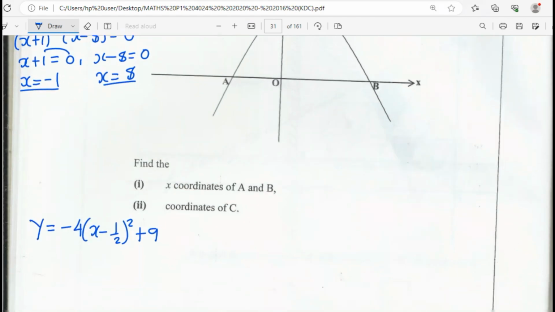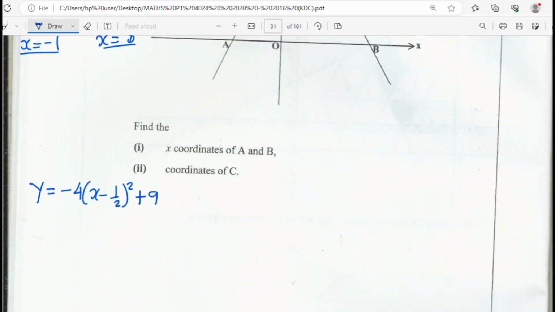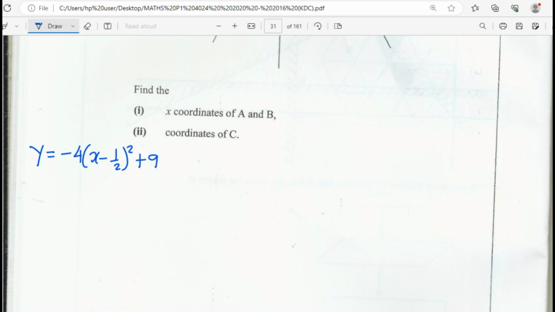First, begin by expanding. We leave the -4 like that. Let's write x minus half times another x minus half, because of the square, plus 9.